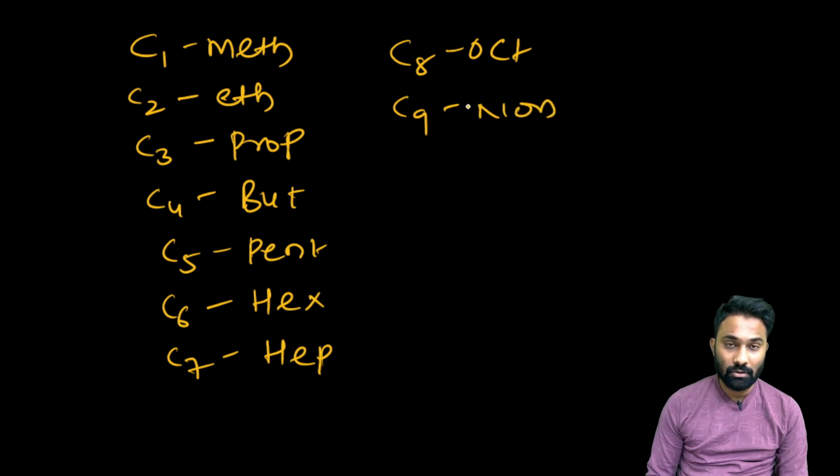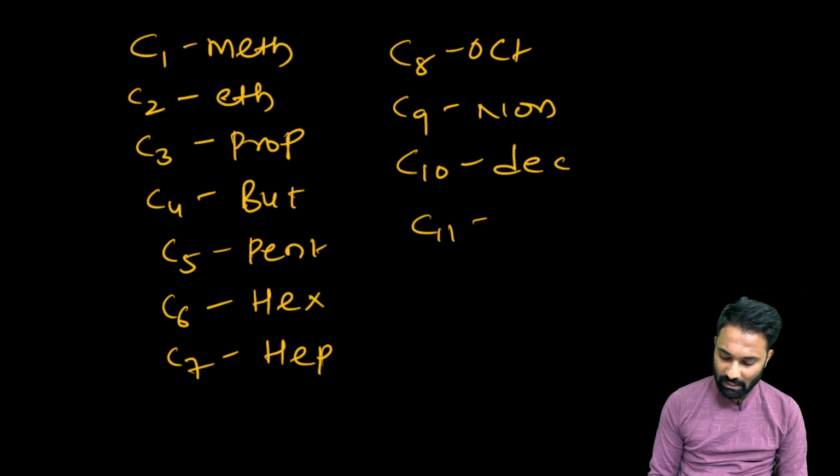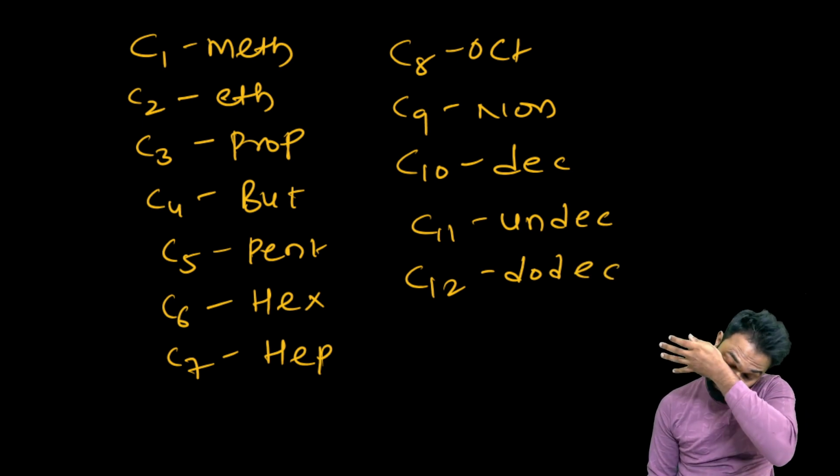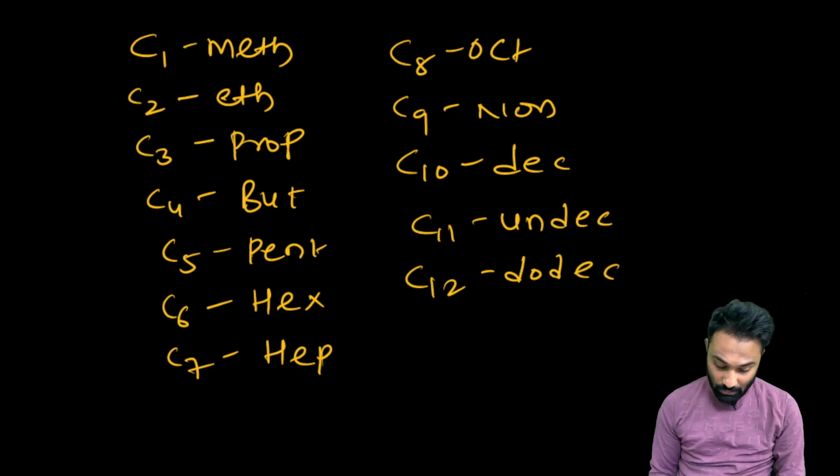Clear? 10 carbons dec, 11 carbons undec, 12 carbons dodec. Clear? Now this is about the root word.